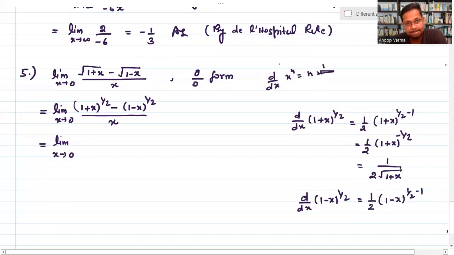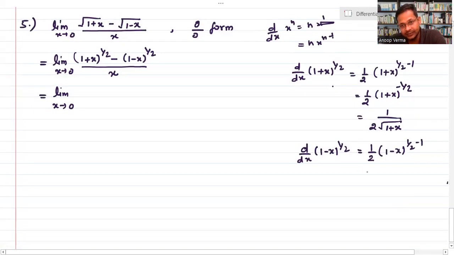So it will be equal to 1 by 2, and here the derivative gives minus 1, so it will have 1 upon root of 1 minus x. And this is minus of 1, so from here you will get minus 1 upon 2 times root of 1 minus x.